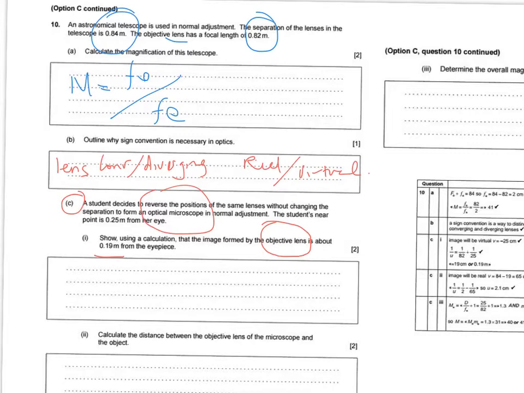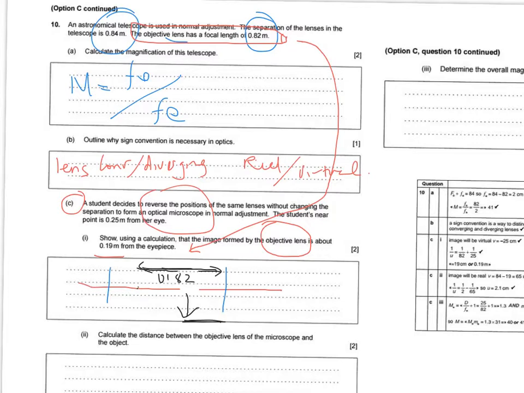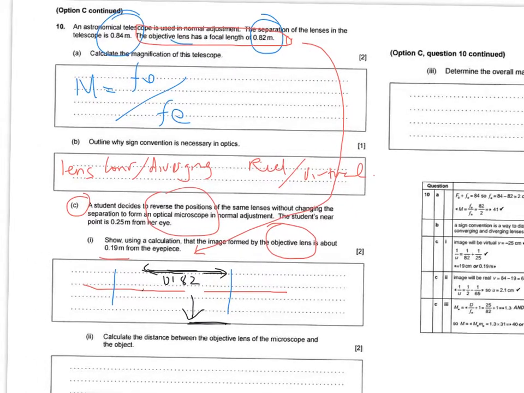Now what's horrible about this question is they've swapped it round. What they're saying is that this objective lens, this one here, is now treated as an eyepiece lens. What that means is that your new eyepiece lens, which has a focal length of 0.82, now makes an image here. So that v distance is at the near point.